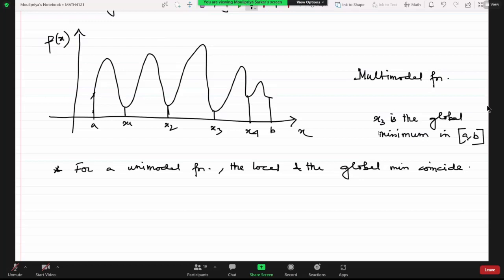Okay. Now let me ask you something. You all have studied numerical methods, right? So in numerical methods, if we talk about how to find out the root of an equation, the very basic ones, do you remember some methods for finding the root of an equation?